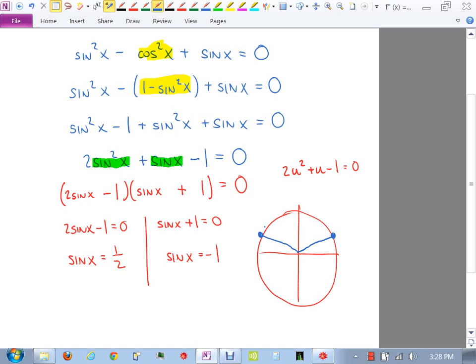Pi over 6 and 5 pi over 6. Where is the y coordinate negative 1? 3 pi over 2, right?